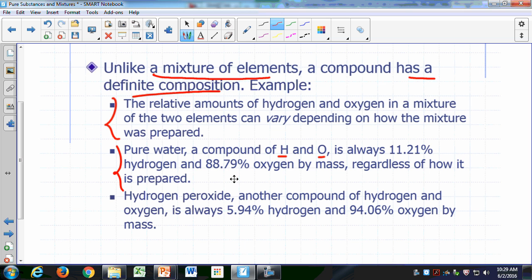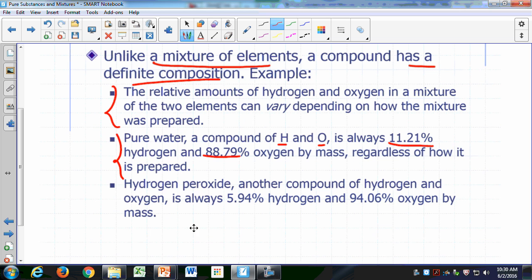If you were to break it down into hydrogen and oxygen, it will always yield 11.21% hydrogen and 88.79% oxygen by mass. And if you're going to make it from hydrogen and oxygen, you're always going to need that ratio of hydrogen to oxygen to make water. So it's a definite composition.